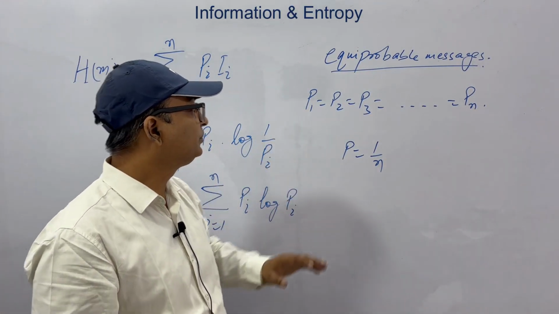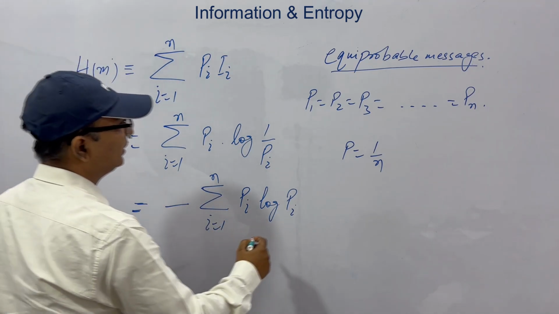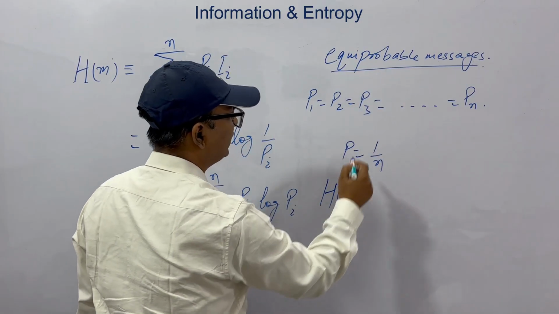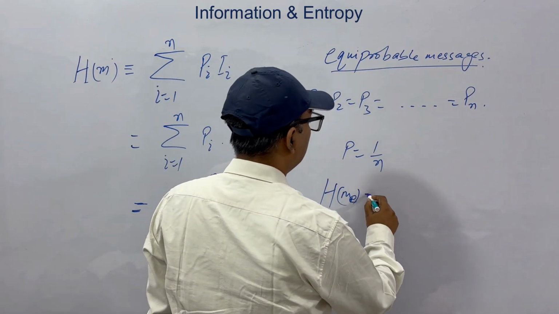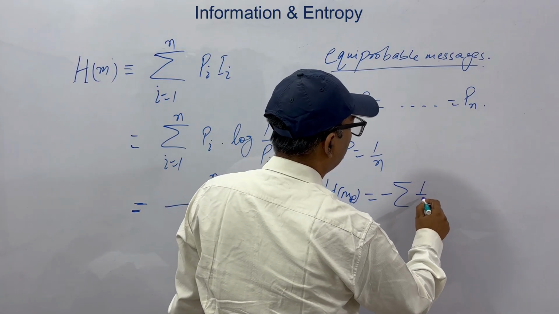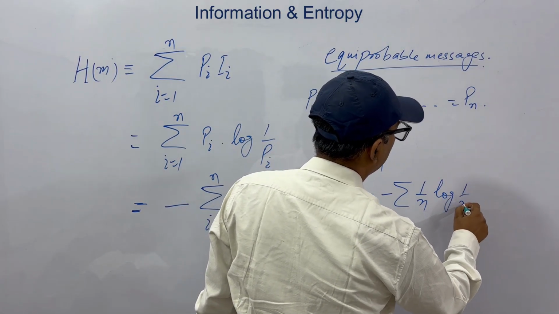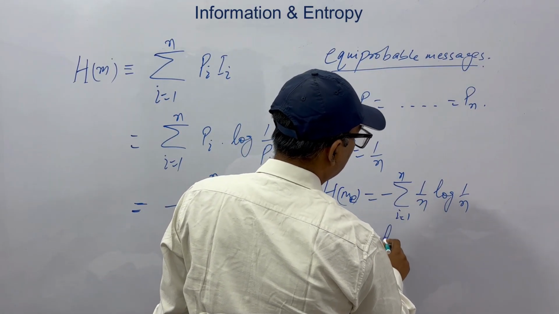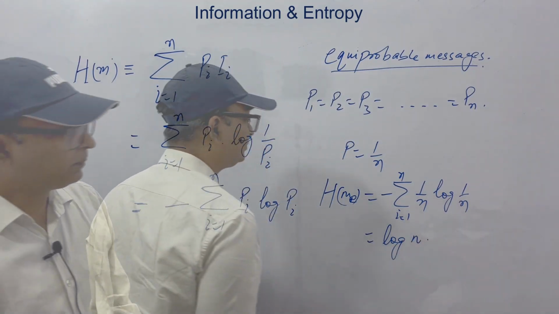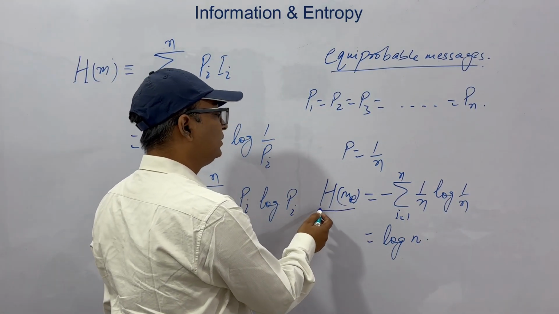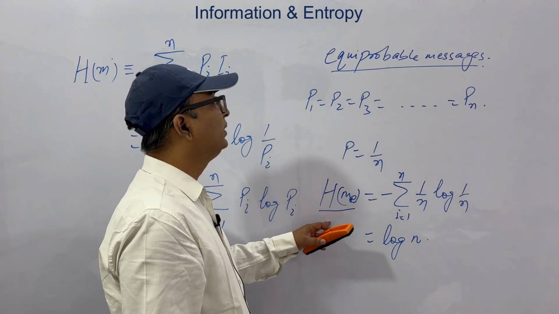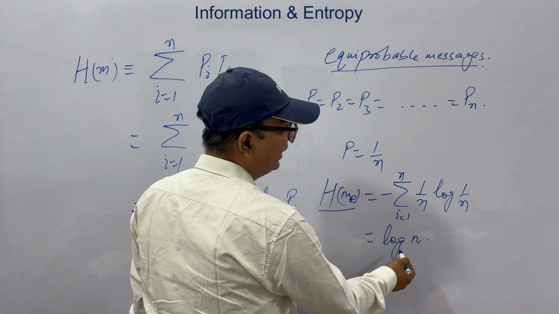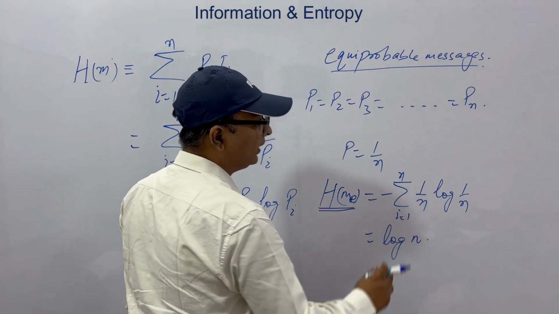If you put this in the equation for H, for equiprobable messages, this will become minus 1 by n log 1 by n. If you sum it from i equal to 1 to n, it simply comes to log n. Okay. So the entropy of a source which emits equiprobable, memoryless messages, if we have n messages, will be log n.